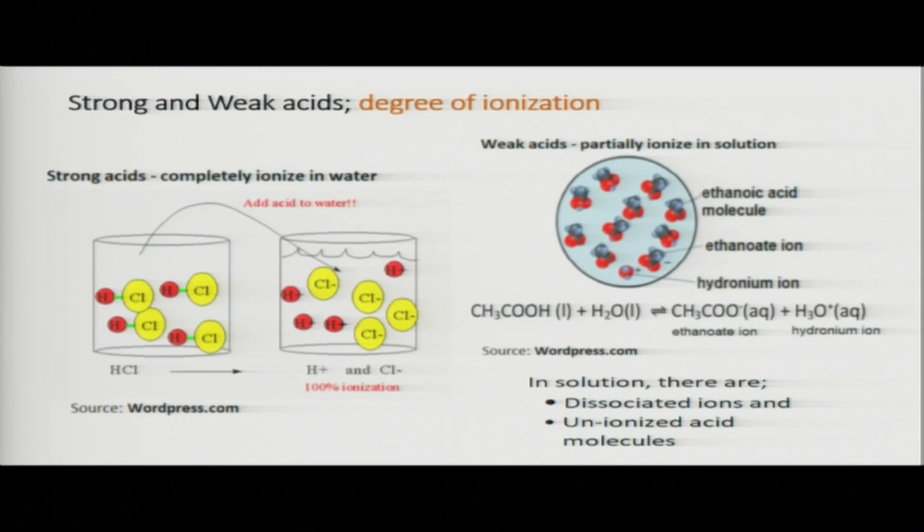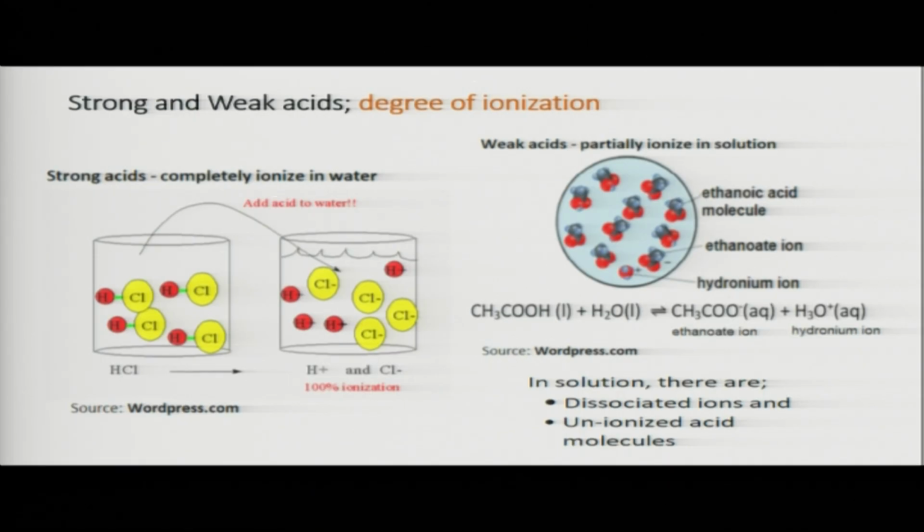So a quick aspect to look at is for weak acids, you will always have unionized molecules, and you will always have unionized molecules and ionized or dissociated ions in solution. That is a quick difference.